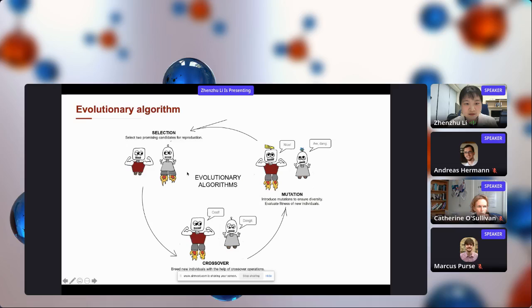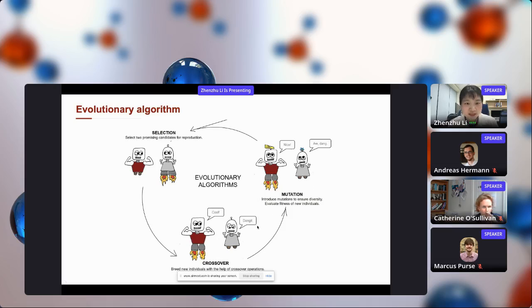Selection means to select the elite from the parent generation, crossover means to take genes from both parents to generate a new gene sequence, and mutation means a random flip at a random site. So with the evolutionary algorithm, by choosing the elites during every iteration, the algorithm can efficiently find the optimum gene sequences that adapt to a given situation.